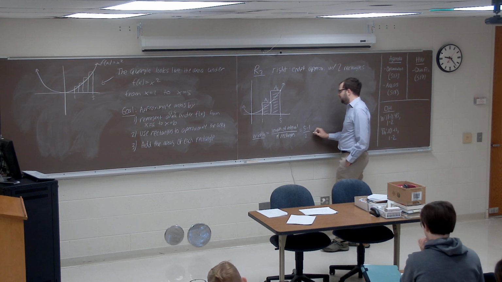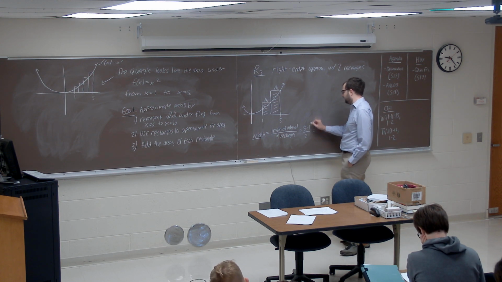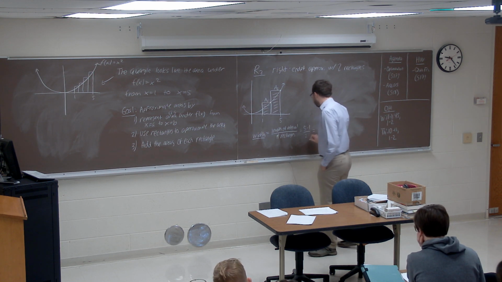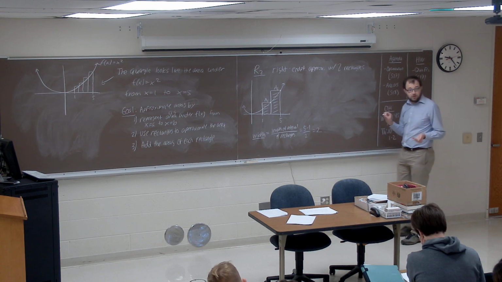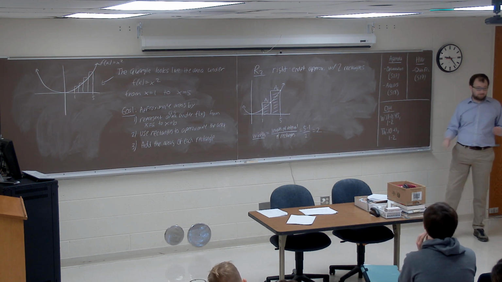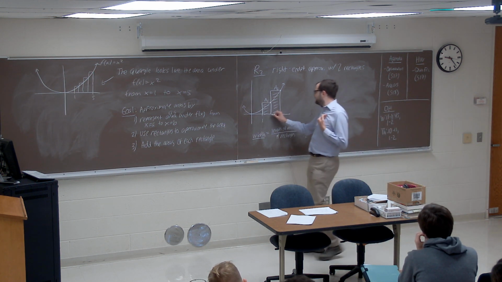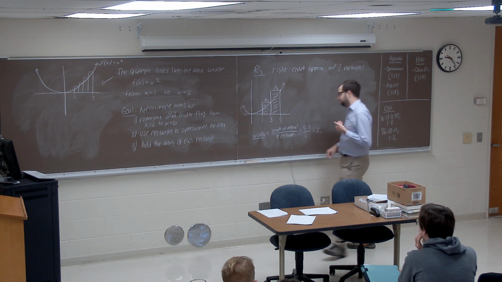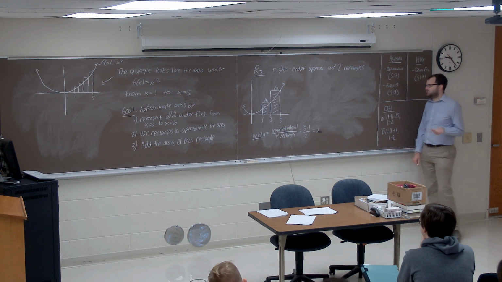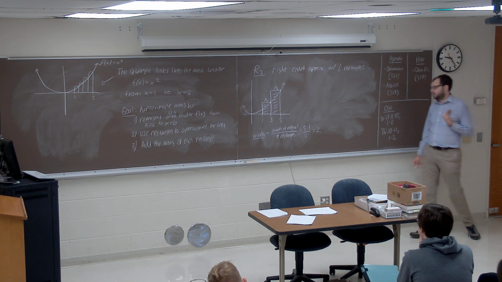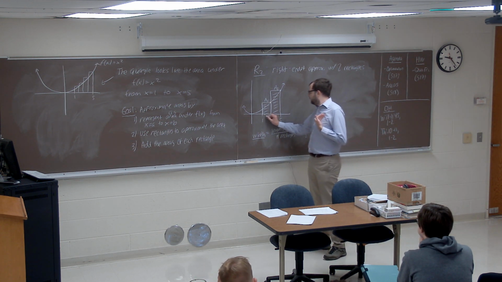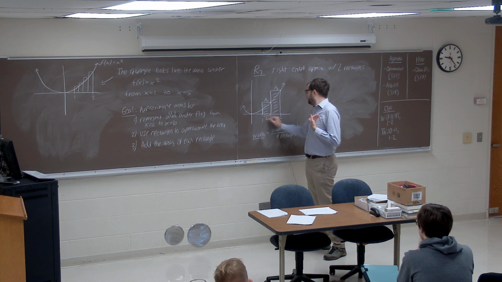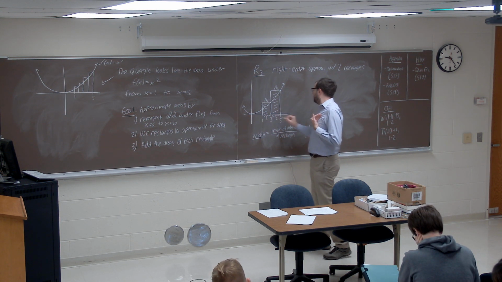And we're dividing by 2 rectangles, which is going to give us 4 over 2, which is 2 for the width of each of our rectangles. We're going to have one rectangle going from x equals 1 to x equals 3, another rectangle going from x equals 3 to x equals 5. So we know the width of that one's 2, the width of that one's 2.